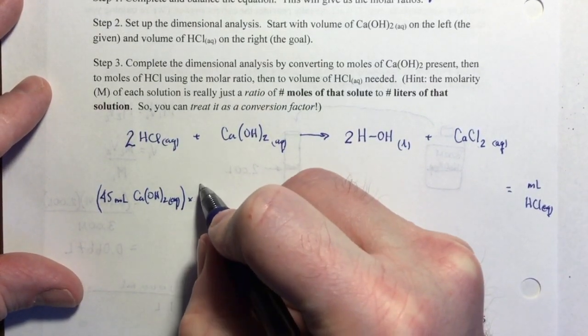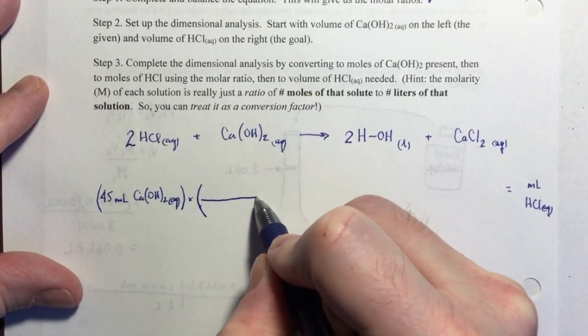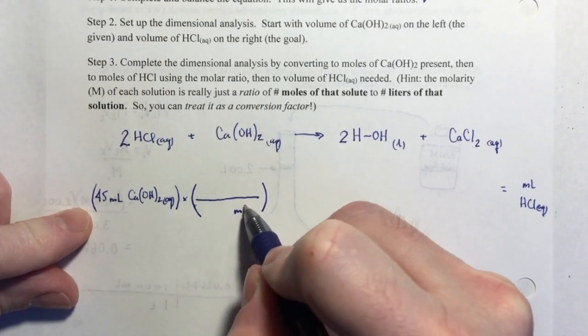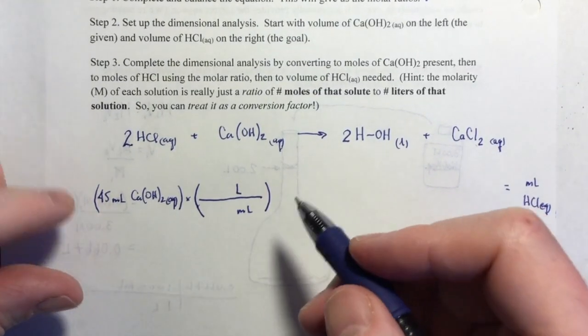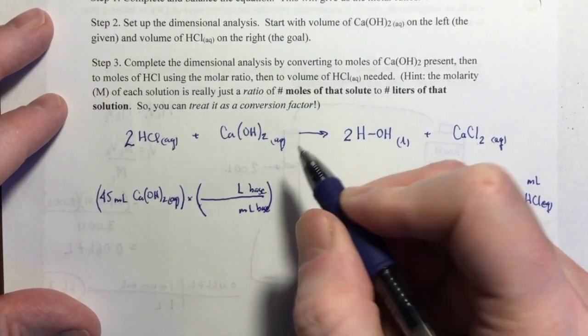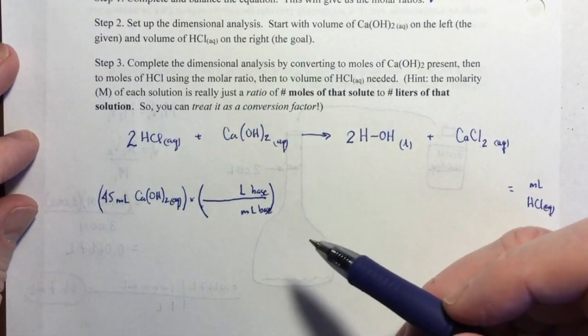So that's going to be my first conversion, milliliters to liters. And rather than writing all of this out, I'm just going to simplify it to say base, because that's what this is. Milliliters of the base solution to liters of the base solution.